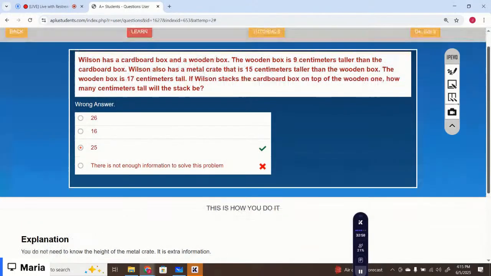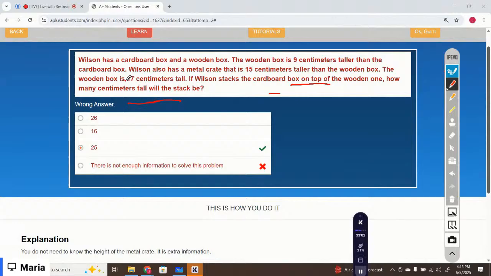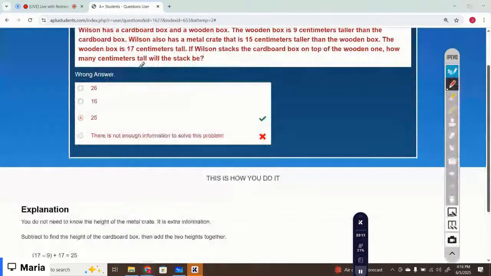So the wooden box height is given. The height of the wooden box is 17 centimeters tall, right? The wooden box is 9 centimeters taller than the cardboard box, so you can calculate the height of the cardboard box.